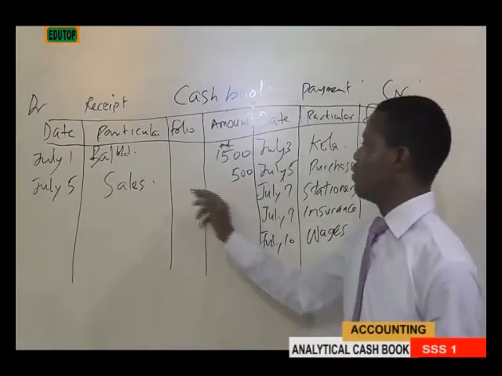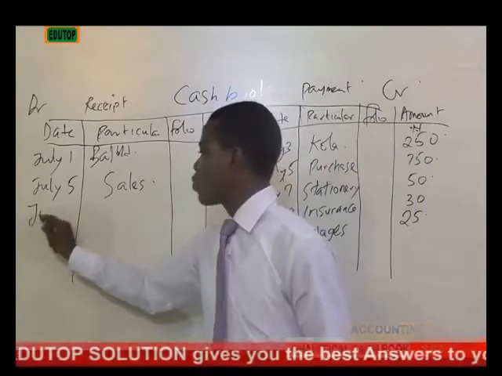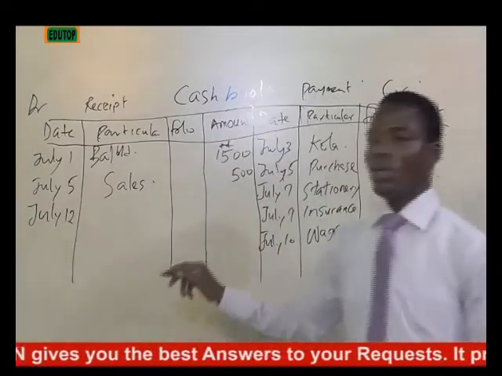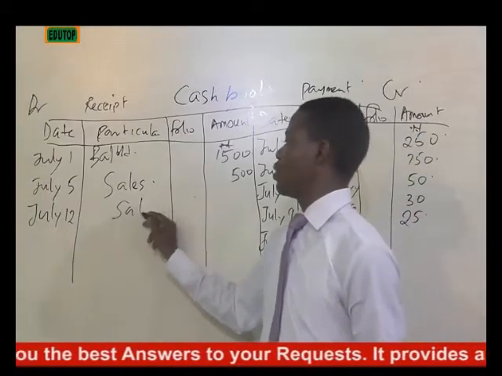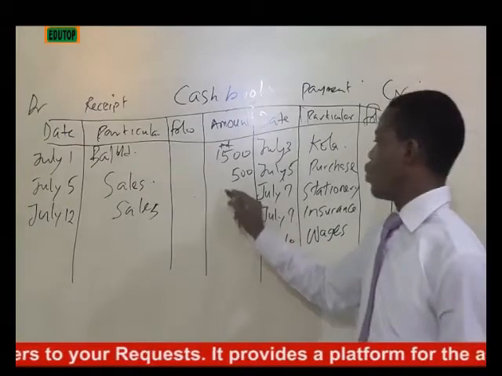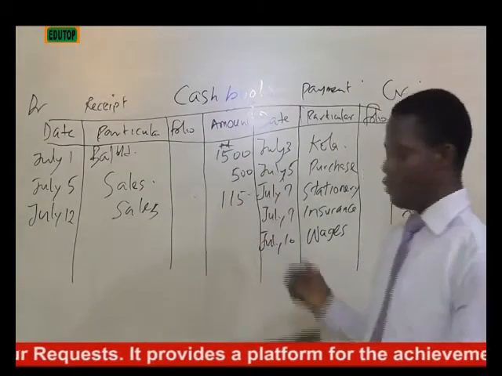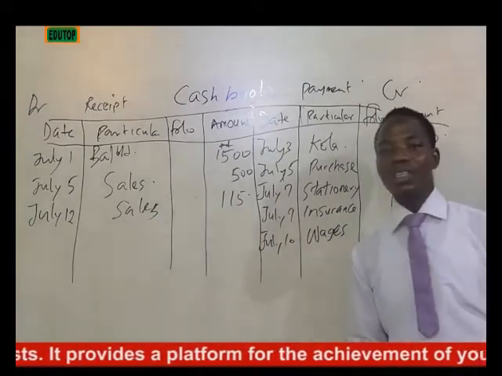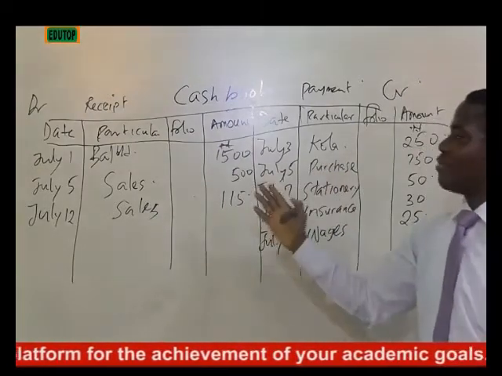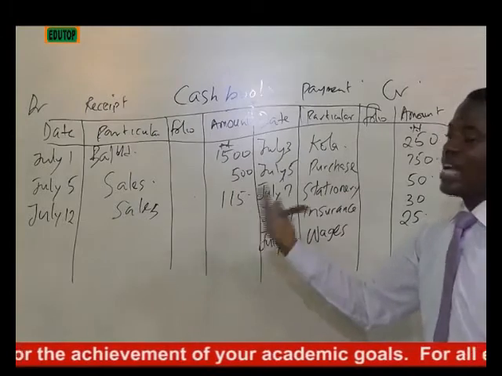So cash received. Another one, the last one, is July 12. We have another sales, which is 115. Having done that, all the transactions have been posted to the sides where they belong.